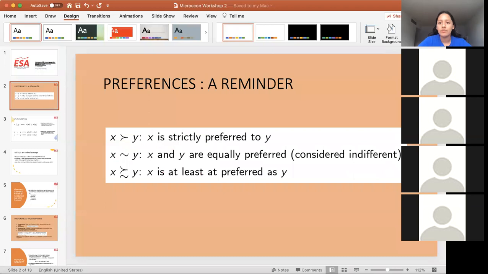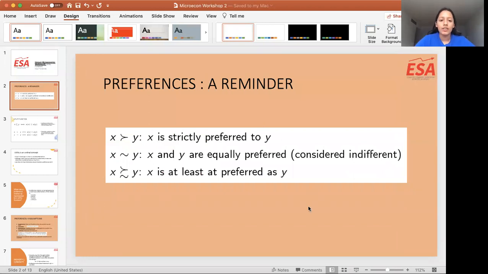Just a reminder, these are the symbols that we use to show preference. It's quite similar to regular math notation. Like I said last time, it just looks a little fancier, like it's in cursive. But there are three ways to denote preferences.